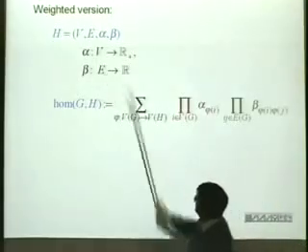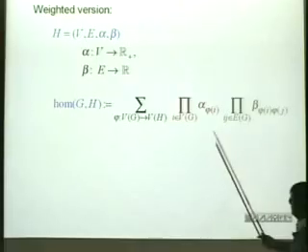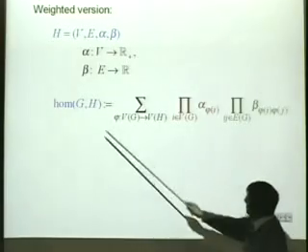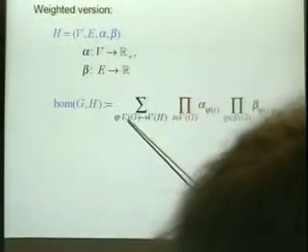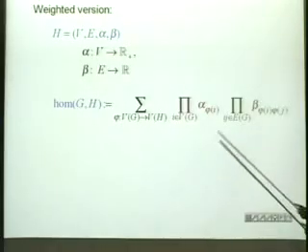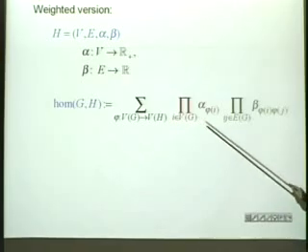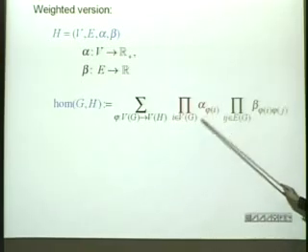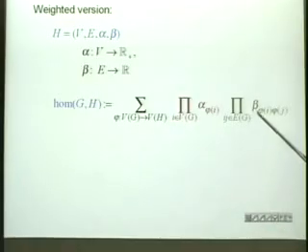But I'm not assuming this necessarily about the edge weights. And then we can define hom(G,H) as a summation over all maps from V(G) into V(H). For every such map, I take the product of the weights of the images over every node of G, and then similarly take the product of the weights of the images over every edge of G.